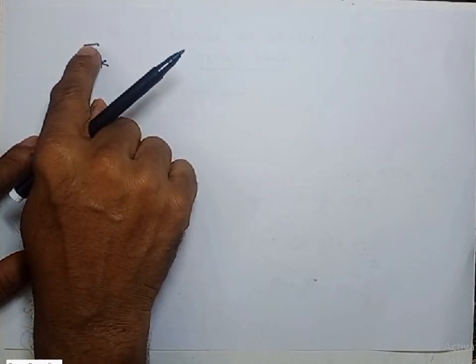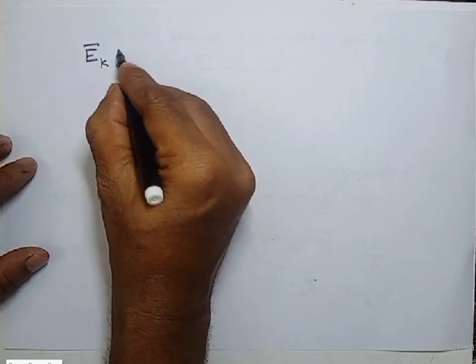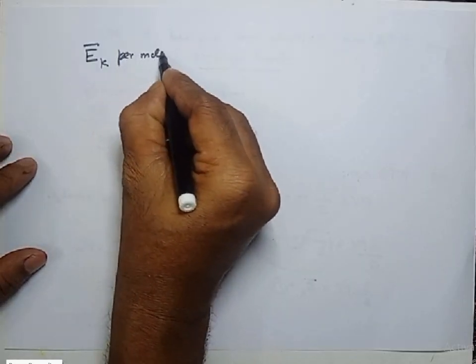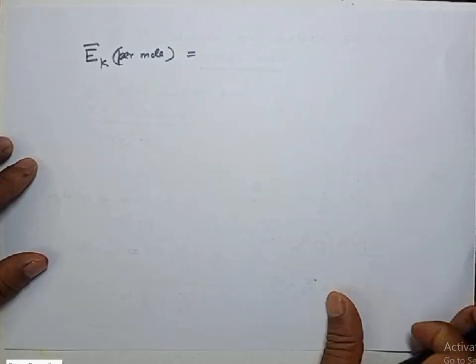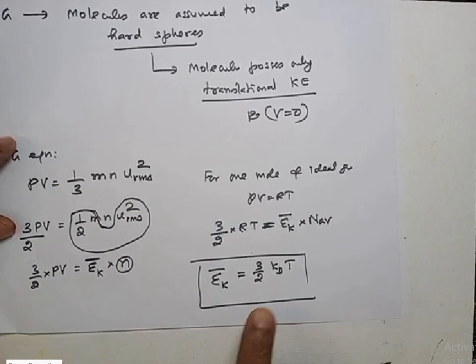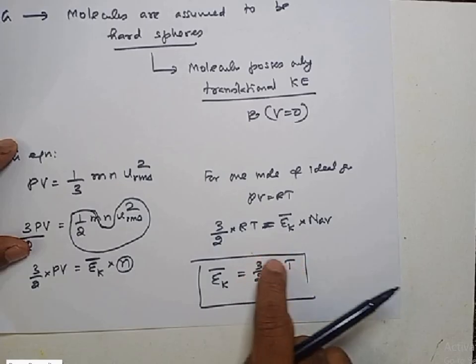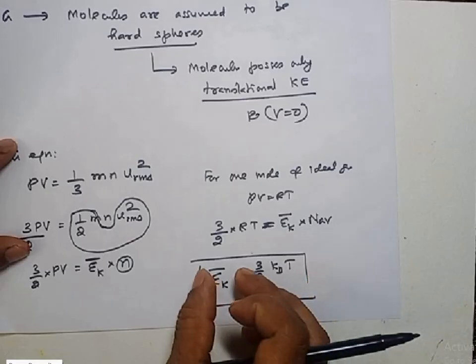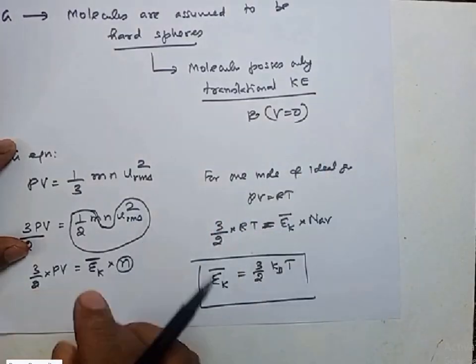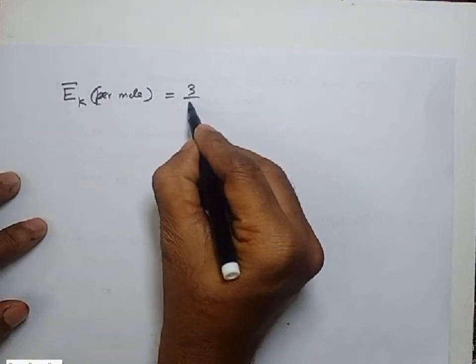Average kinetic energy per mole of gas is equal to, multiply this by the Avogadro number. This was the average kinetic energy for 1 molecule. If I multiply by the Avogadro number, I will get the average kinetic energy for 1 mole. Avogadro number into kB is R. So we get 3 by 2 RT.